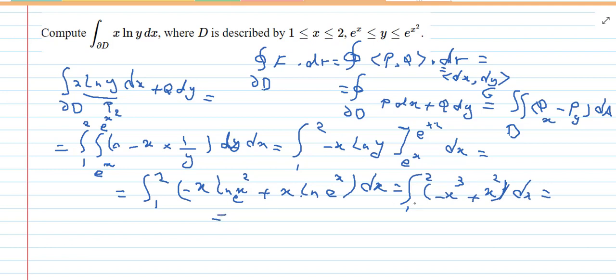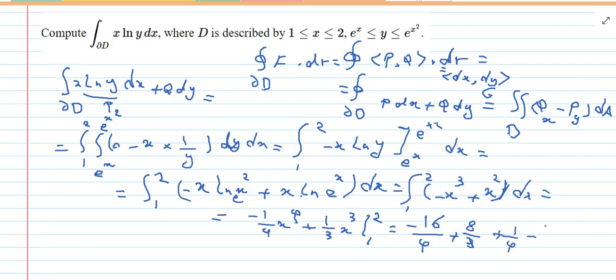We get the integral of minus x³, which is minus x⁴ over 4, plus 1 over 3 x³. Change from 1 to 2, first we put 2, then 1. For 2 we will get minus 16 over 4 plus 2 times 4, which is 8 over 3, minus 1, which we get here.